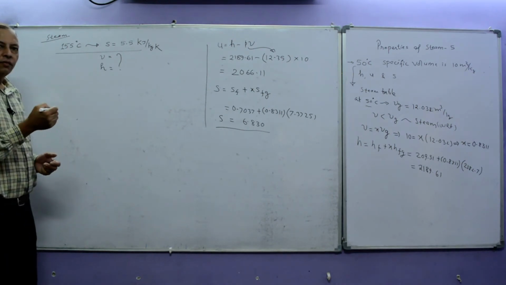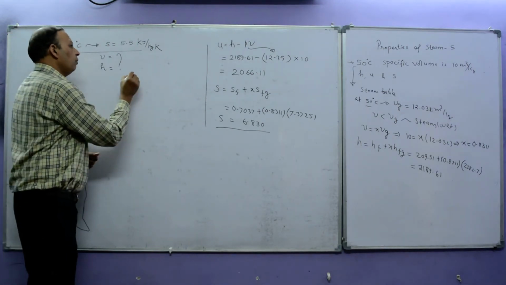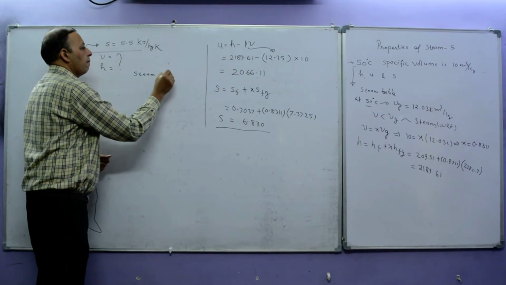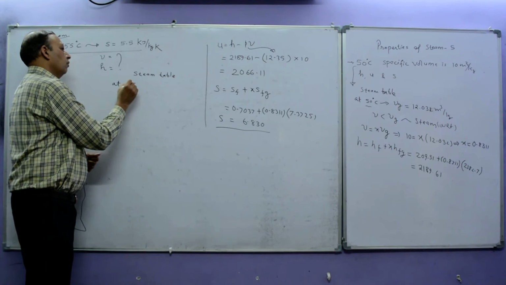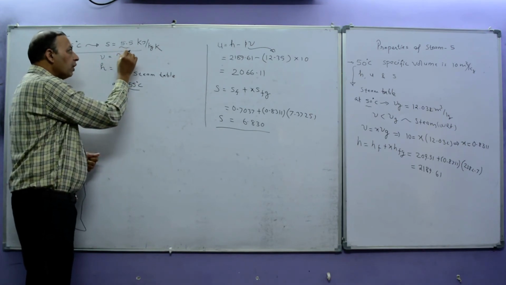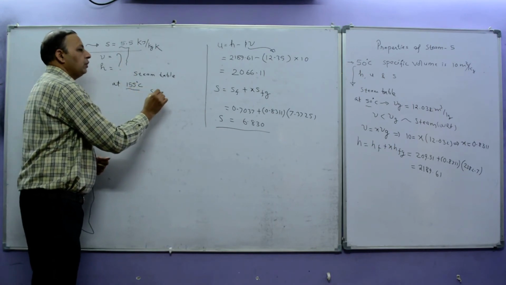First, we will identify the type of steam. Now, we will go to the steam table. At 155 degrees Celsius, if entropy is given, then we will go to the corresponding value of Sg.